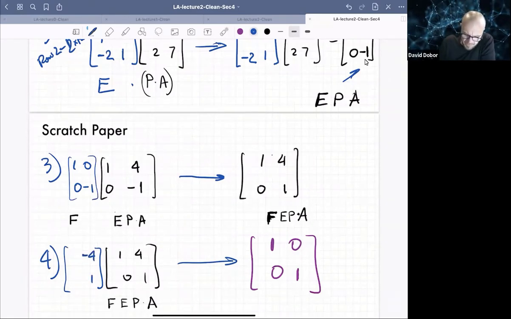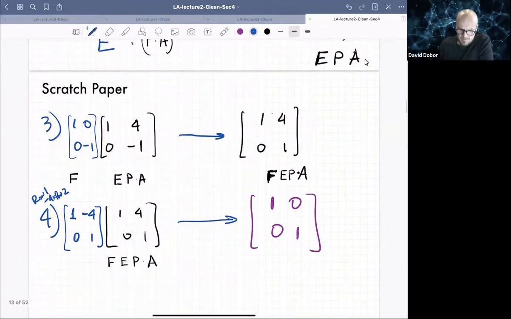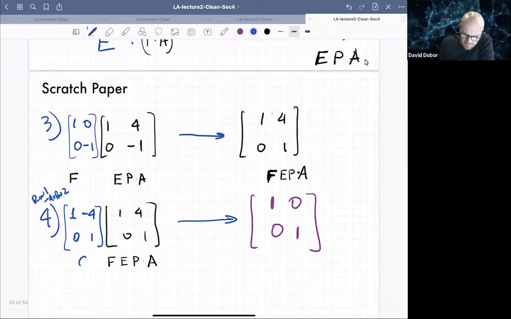I'm not changing the second row, but the first row, I'm subtracting 4 times row 2 from row 1, right? And I get to the identity matrix. Do people agree? So let's call this matrix G.